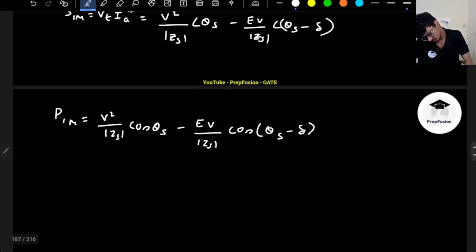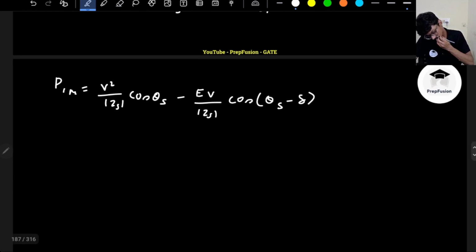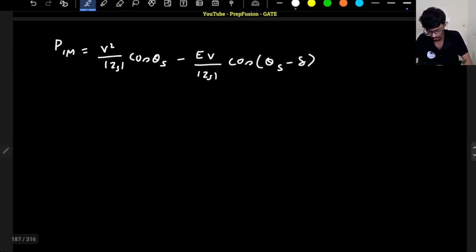Okay, so now if I assume one thing, that if I say that my RA is much smaller than XS, right, then that means my theta S will be approximately 90 degrees, right?